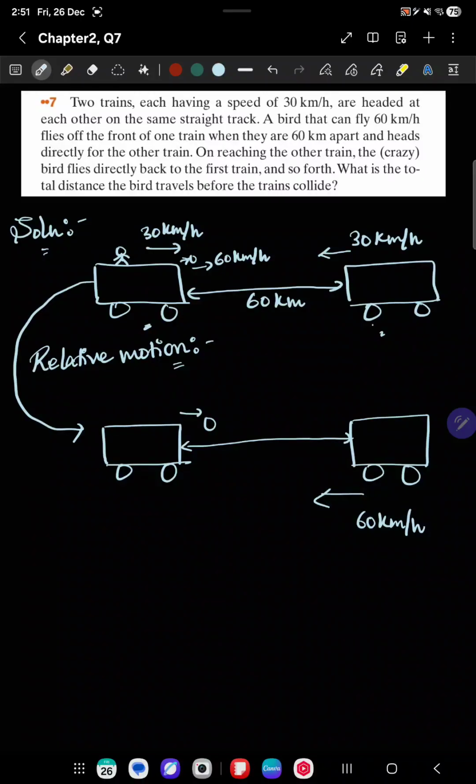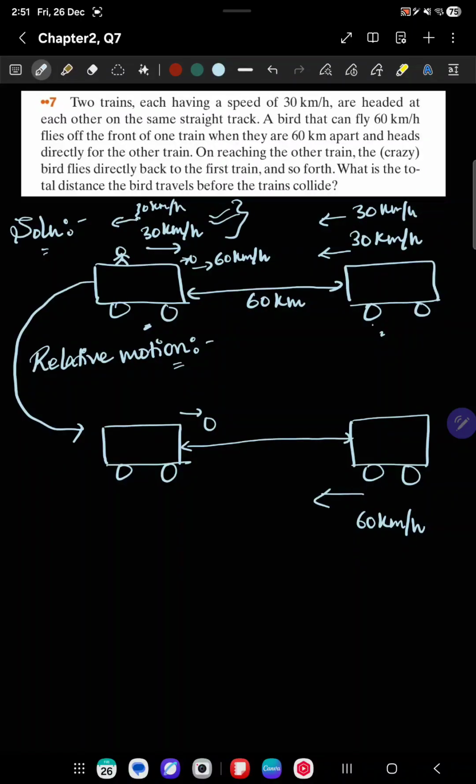See, what we are doing is we are just giving this 30 km per hour speed in its opposite direction. So the moment we give 30 km per hour in the opposite direction for this one, like for example 30 km per hour here and 30 km per hour here.